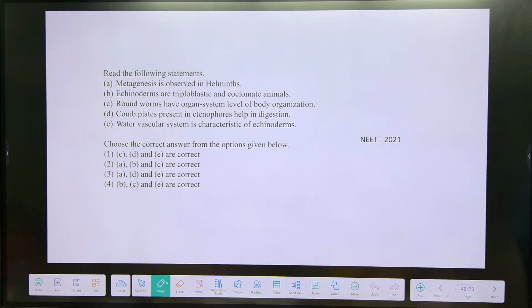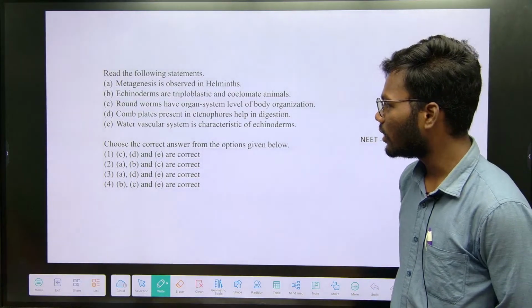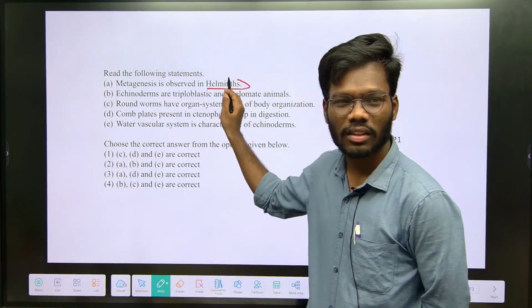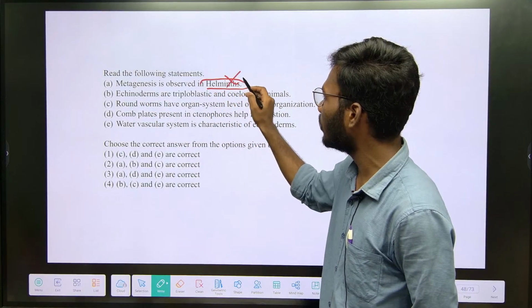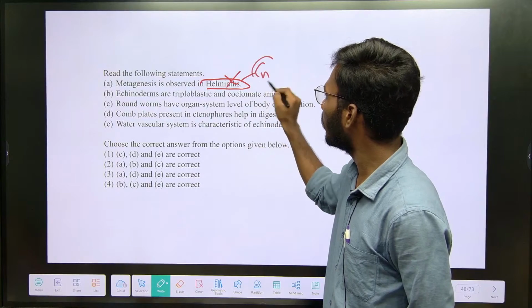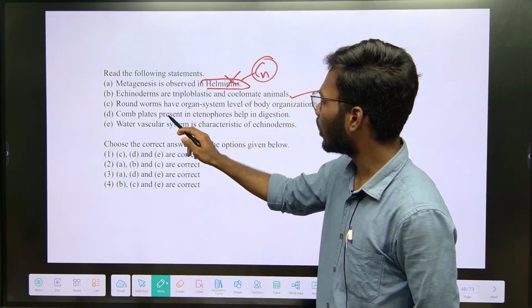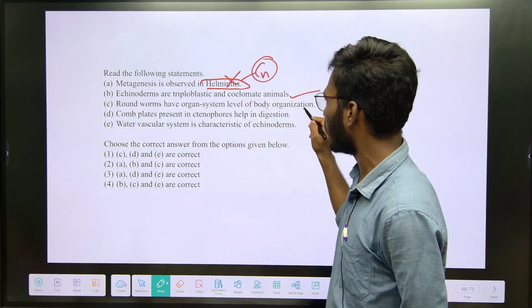Bipinnaria is the larval form of Echinodermata. Next option is D. Metagenesis observed in Helminthes? No, where is metagenesis observed? Next, echinoderms are triploblastic and coelomate animals. Roundworms have organ system level of organization.